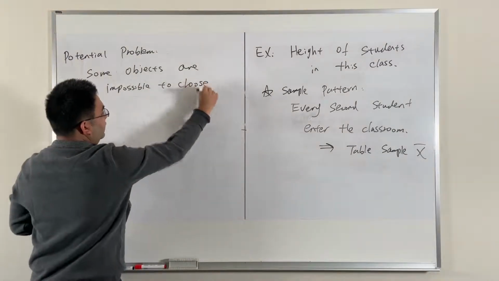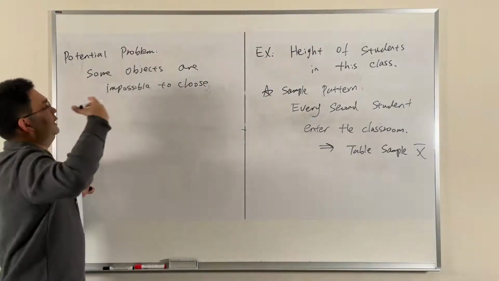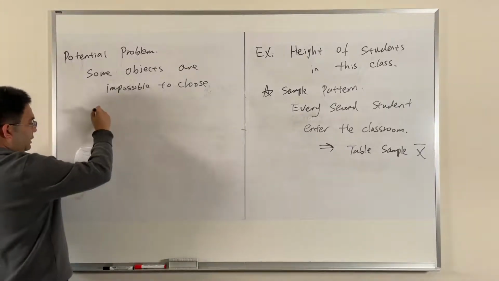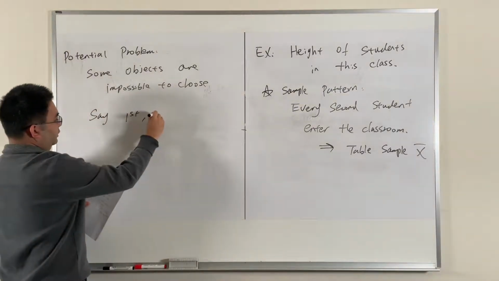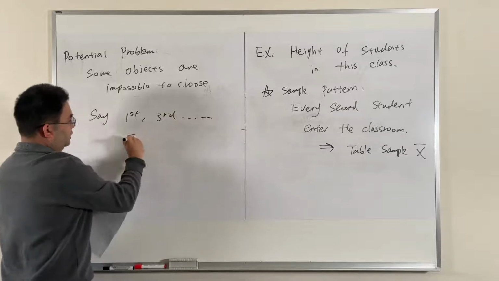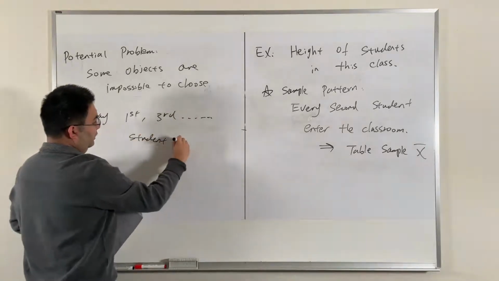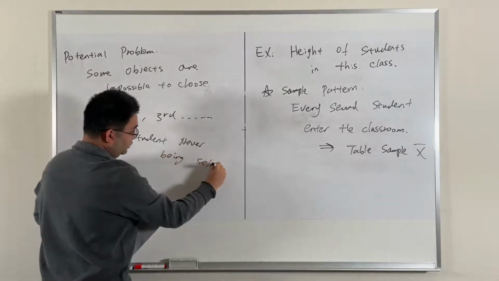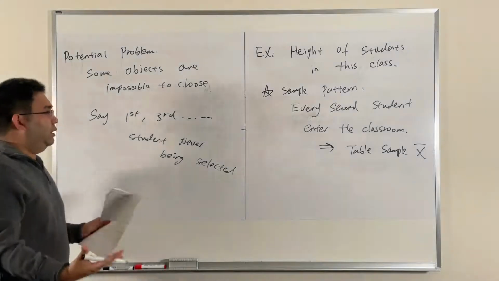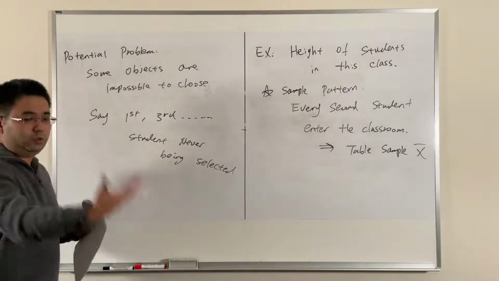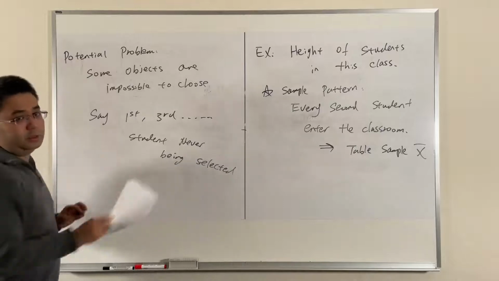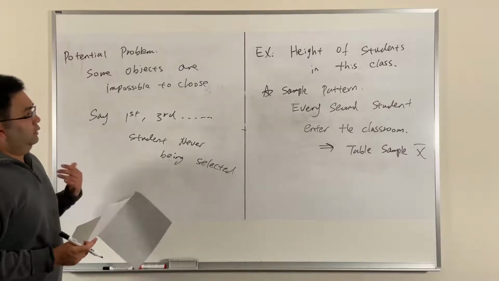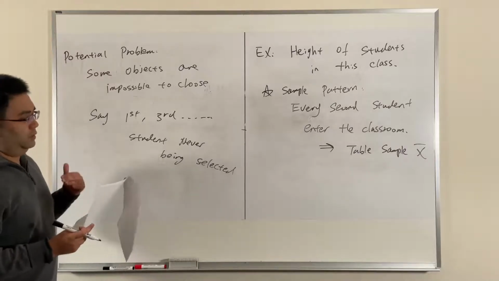There are objects you'll never be able to get into a sample, right? So in this case, say the first, the third students, they will never be selected. Never being selected. Okay, so this is a potential problem. There are objects in the population that you just can never get into a sample if you just keep following this pattern here. Okay, good. This is our systematic sample. Next, we're going to talk about the third type, which is stratified sample.